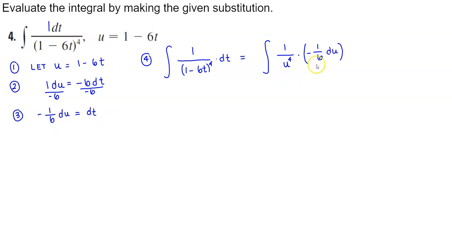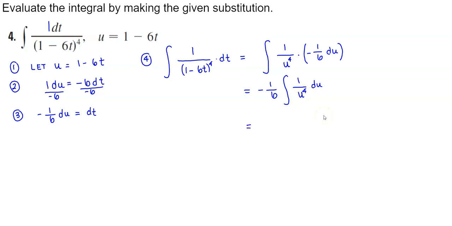Okay. So now we can factor out any of the constants. The constant in this case is negative 1/6. So we're going to factor out the constant, which is negative 1/6, and then times 1 over u to the 4th du. Okay?